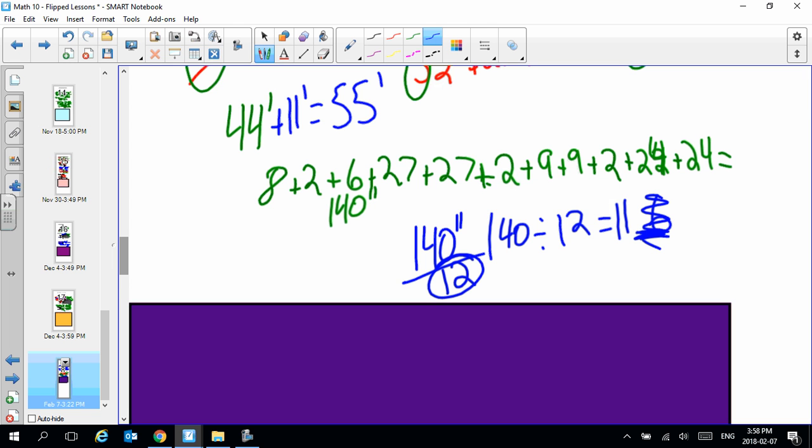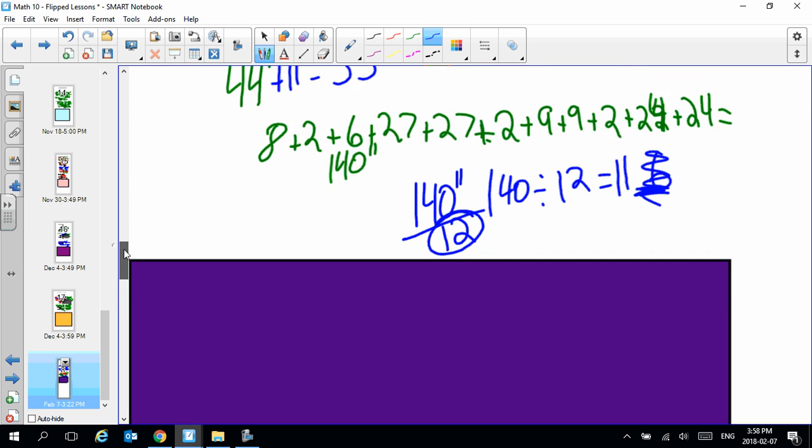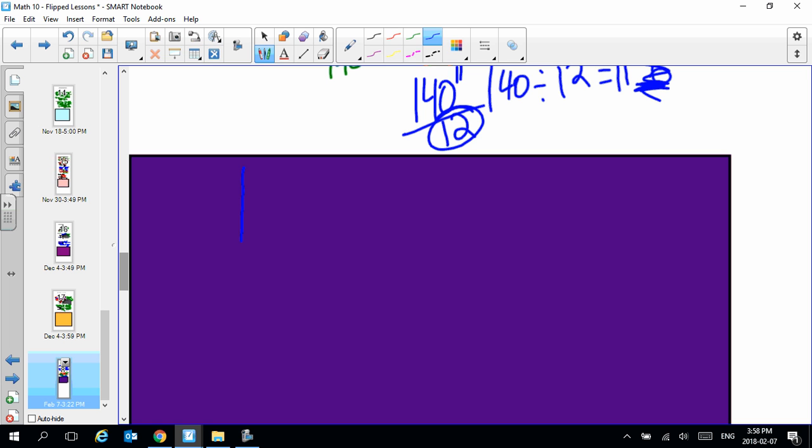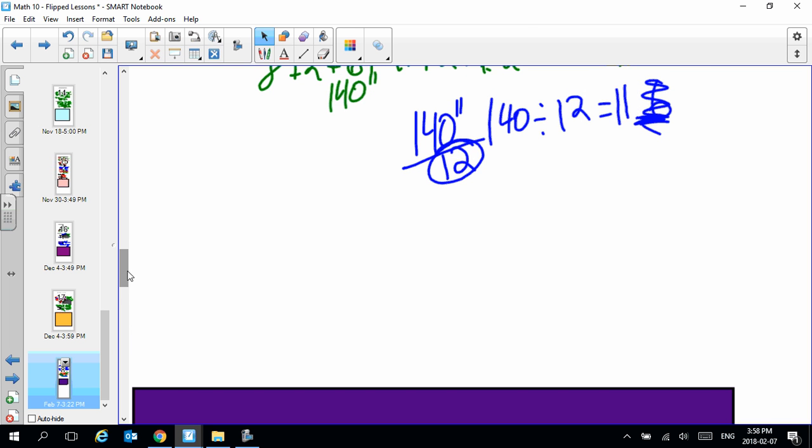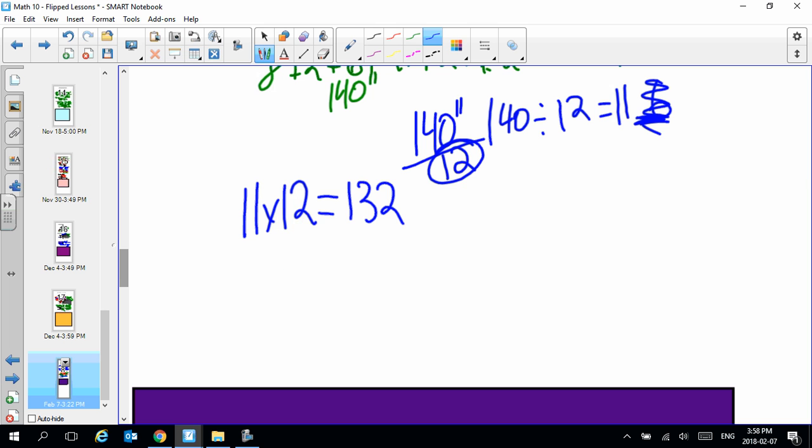And now I'm going to, let me give me a little bit of jot notes here. I need to figure out exactly how many inches are left over after that. So what I'm going to do, let me get some more space to work with here, is I'm just simply going to go 11 times 12 equals 132. 140 minus 132 equals 8 inches.